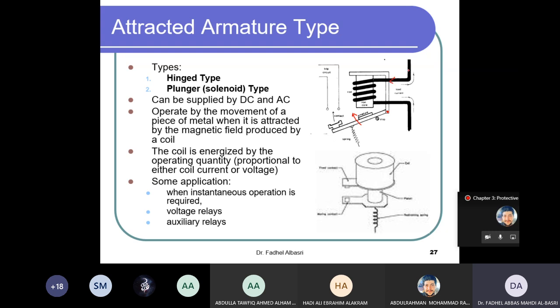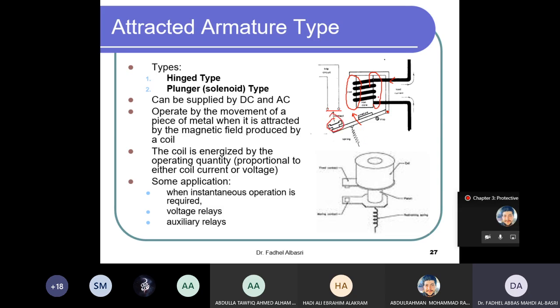If this is energized, the current generates a magnetic field, and that magnetic field will attract this arm towards the coil, towards the core. Once it moves, these two contacts will close. Now they are open; these two will get closed by this part.